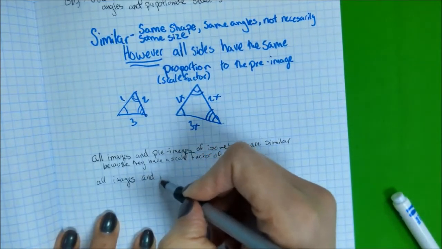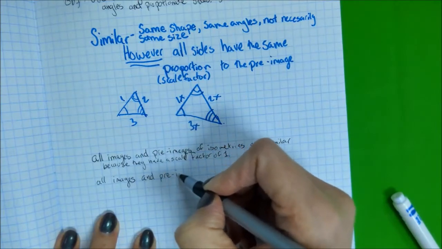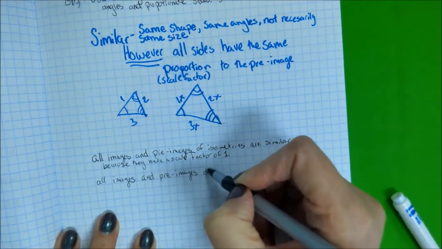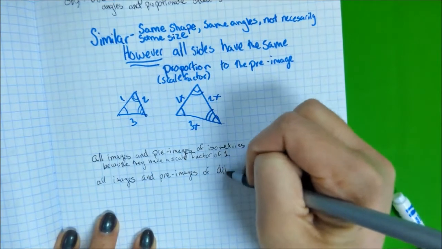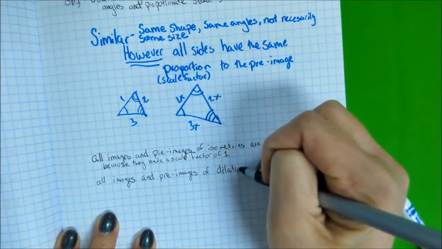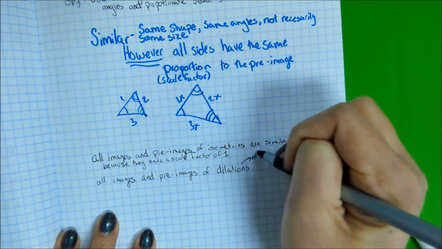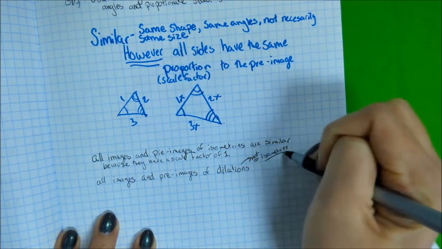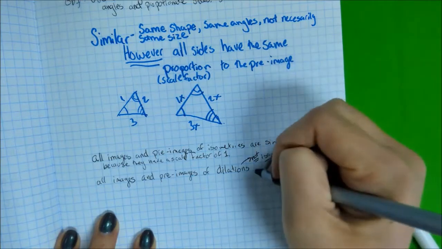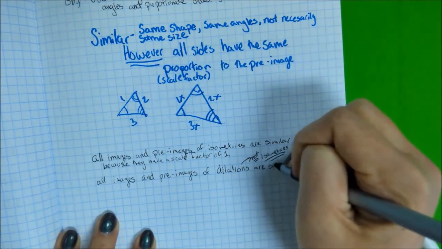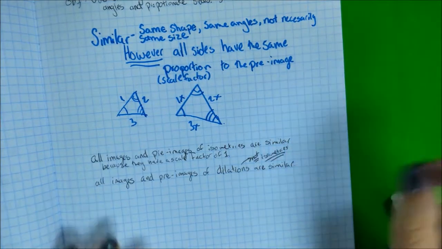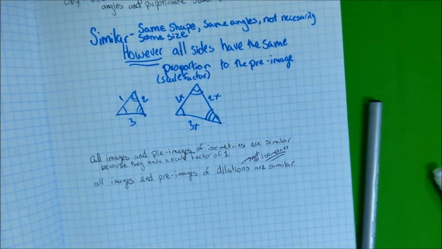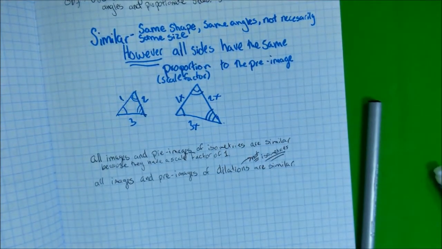And images and preimages of dilations, which are not an isometry, are similar. Because dilations, remember, keep the same slope and the same angle measure.